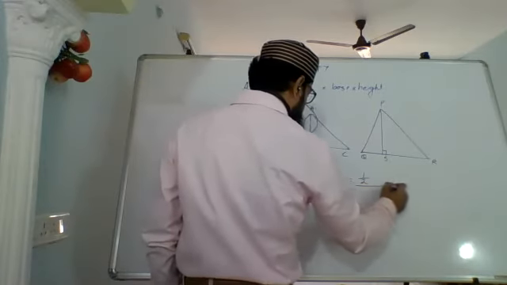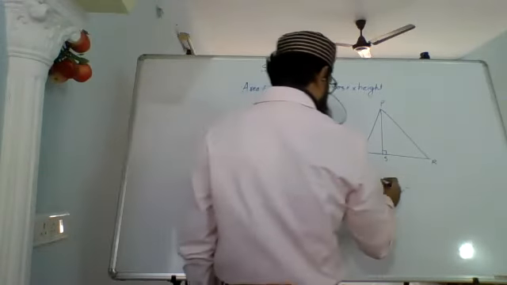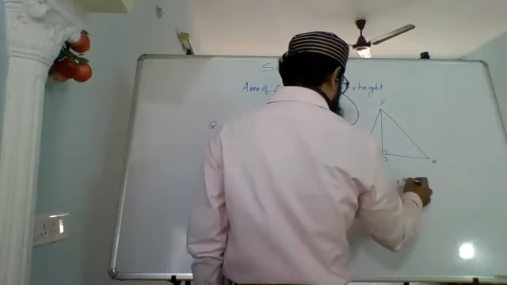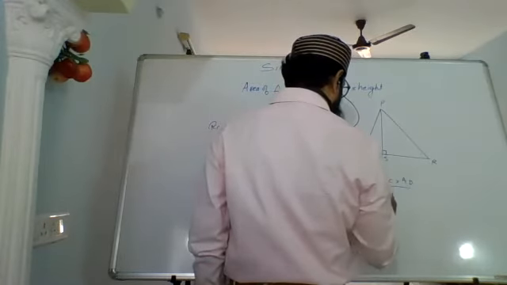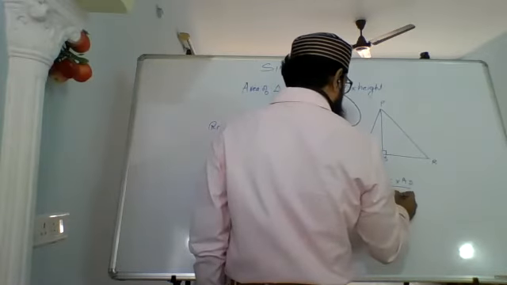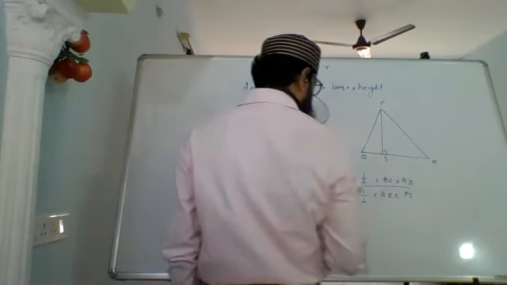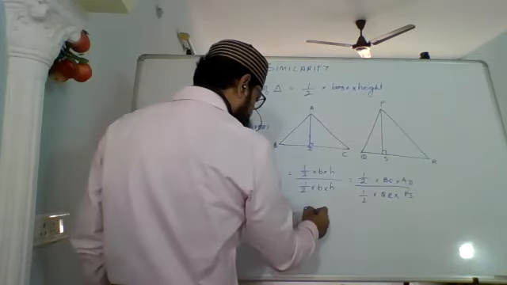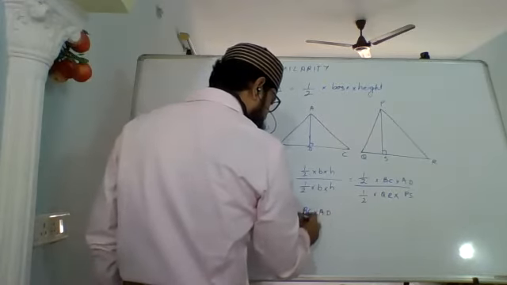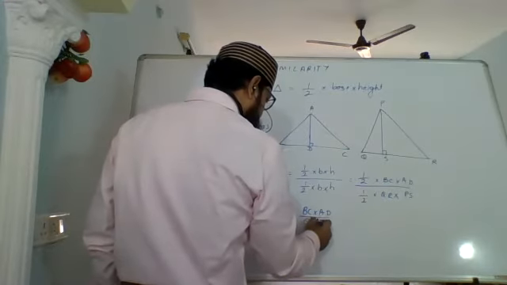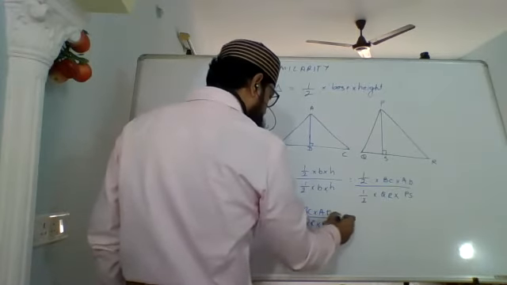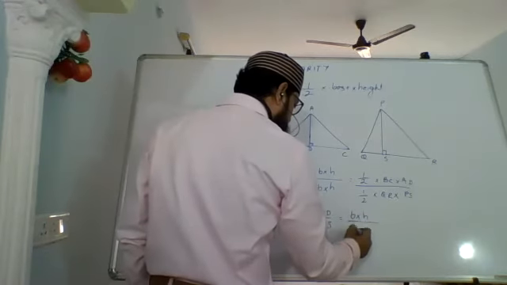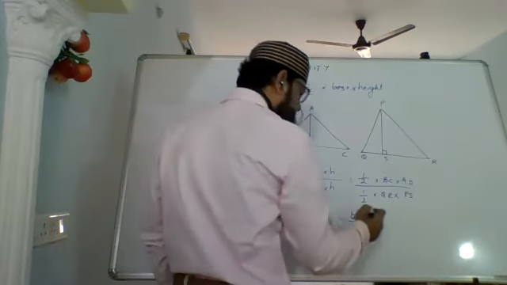half, base in case of ABC is BC, into AD, upon half into QR into PS. Half and half would cancel. So it would be BC into AD upon QR into PS, or I can say base into height upon base into height.